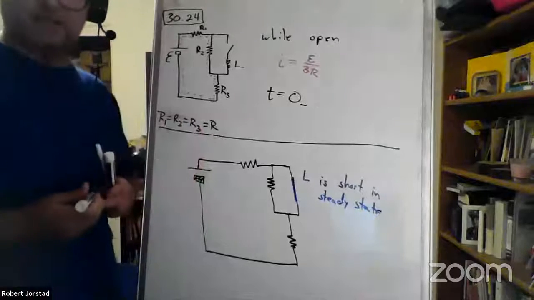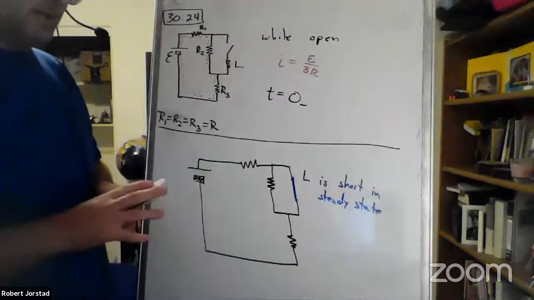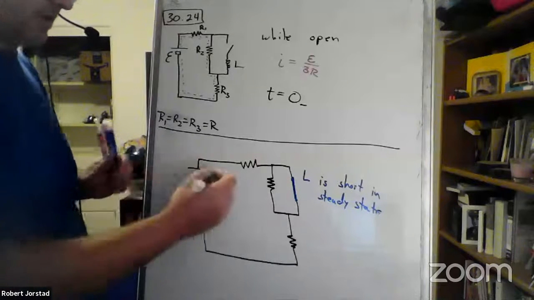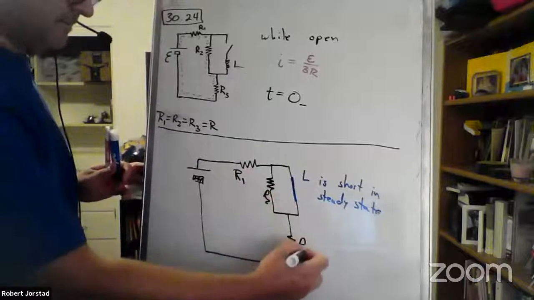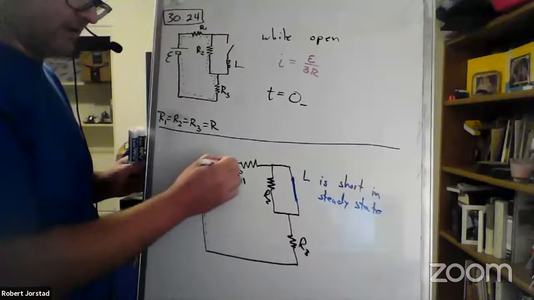So that's a short in steady state. So what does that do? Now what's the current in R1? Is it E over 2R? Exactly, because now all of the current is going to flow in this path, right?